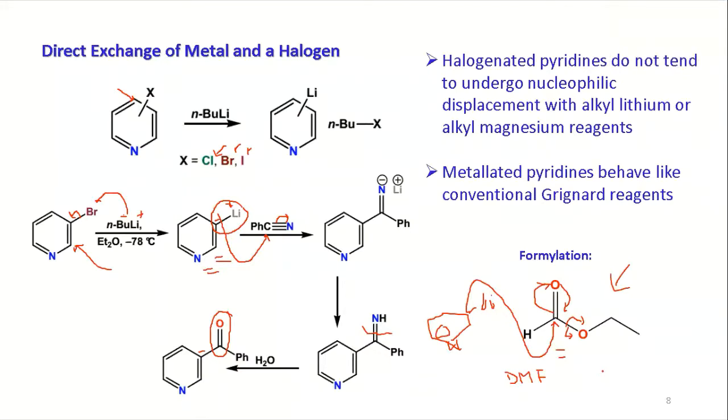So DMF is N,N-dimethylformamide, right? So you have again formyl functionality here. Okay. So in this case, the pyridyl group will attack here, and the N,N-dimethyl amide will come out. Okay. So we see this in these cases. So you can do formylation.